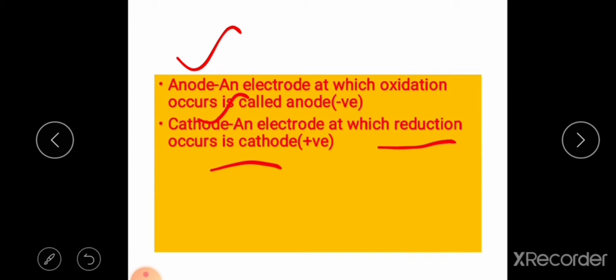Anode, an electrode at which oxidation occurs, and cathode, an electrode at which reduction occurs. Charge is also very important. Anode has a negative charge and cathode has a positive charge. So how to identify anode and cathode in an electrochemical cell? The more reactive is always anode and the less reactive is always cathode.